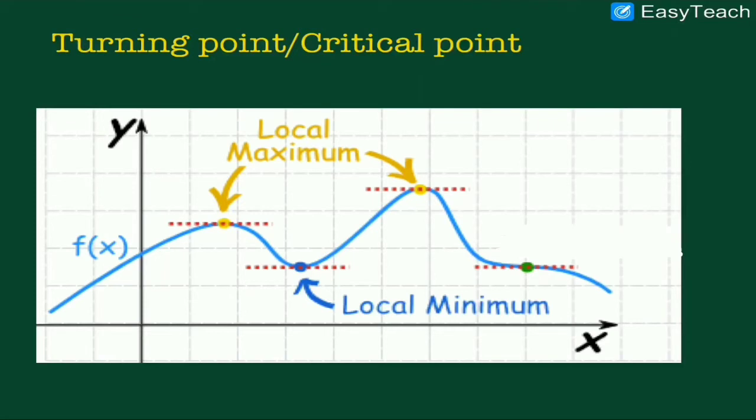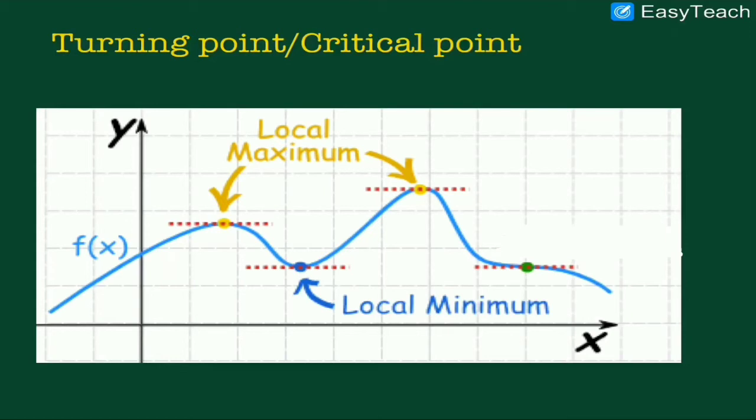Now see the turning point or the critical point. The turning points are the points on the curve where the behavior of the curve changes. It means if the function is decreasing up to a particular point, then after that point the function is increasing, or vice versa. And at the turning point, the tangent is always parallel to the x-axis.